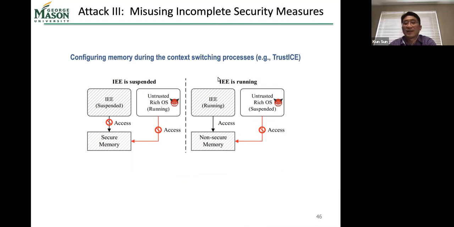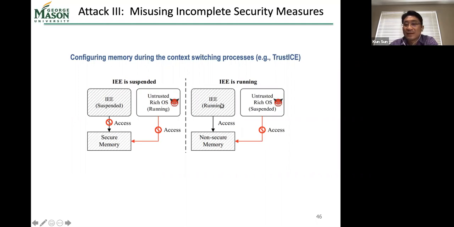At that time we had a single core ARM processor, whereas Sanctuary and Ginseng work on multi-core systems. So five years ago, when we developed this system, our idea was: when the untrusted rich OS is running, we protect the IEE, which is suspended, and its memory is always encrypted or protected by hardware features.